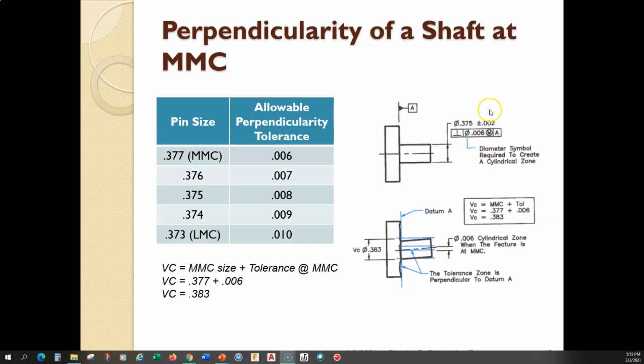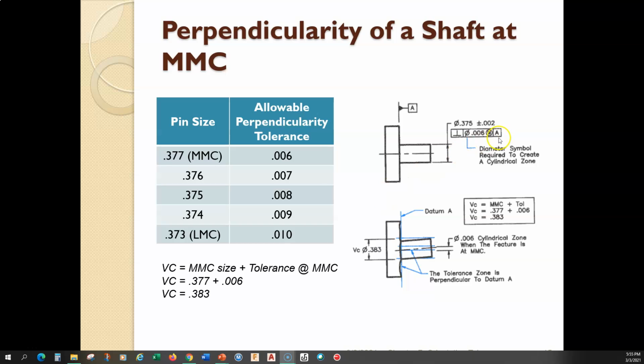And we can see that the pin can be made between 0.375 plus or minus 2 thou. So it can be made between 0.377 inches in diameter and 0.373 inches in diameter. Those are acceptable pin sizes, and the tolerance is going to change with those sizes. How is it going to change? Well, first of all, we can calculate the virtual condition.